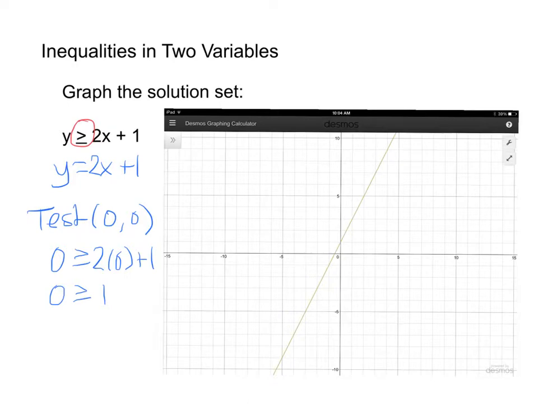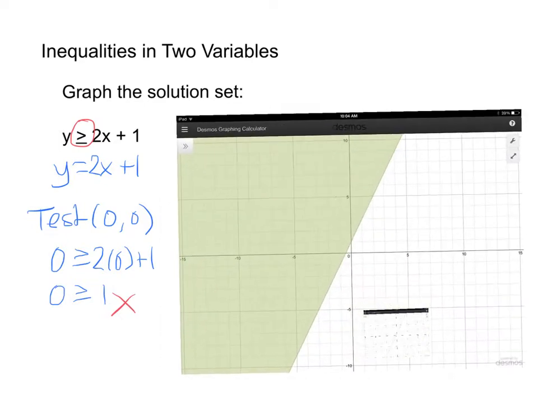False. 0 is not greater than 1, right? 0 is less than 1. So that's a false statement, which means that 0, 0 is not a part of the solution set. If 0, 0 is not a part of the solution set, then nothing else in that region is a part of the solution set either. And the solution set is over here, above the line.